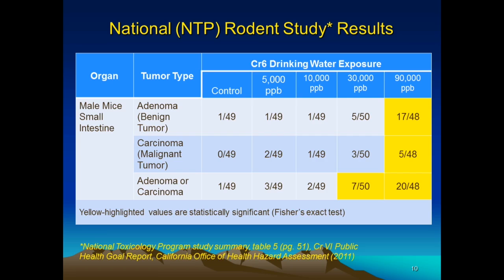So with this study, they actually tested the rats at 180,000 parts per billion. And they actually had data for that, but they couldn't use that data for the male mice because they lost weight so much that they weren't drinking the water. So they had to throw out that data. Okay.